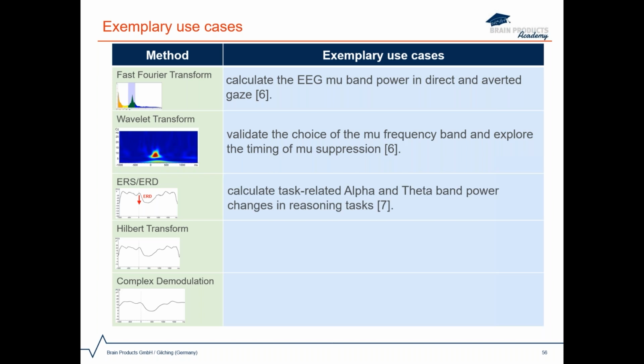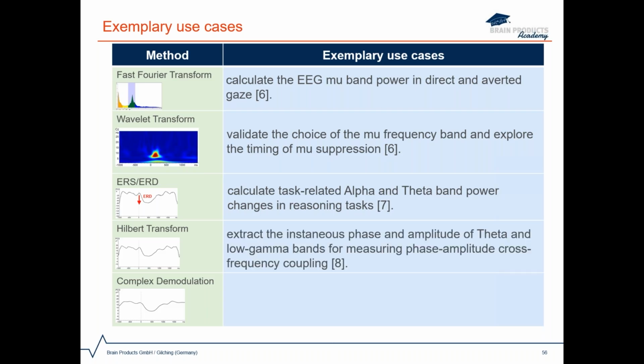An example of an ERS/ERD use case was reported in a study of neural processes underlying programming experience. Task-related alpha and theta band power changes in different reasoning tasks were computed. In one study, Hilbert Transform was used to extract the instantaneous phase of the theta band and instantaneous amplitude of the low gamma band from local field potential.